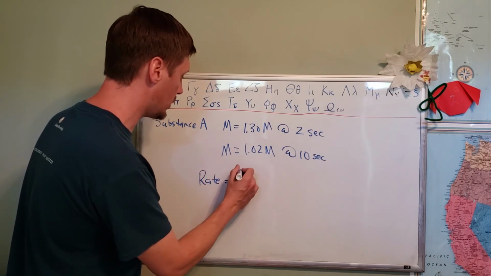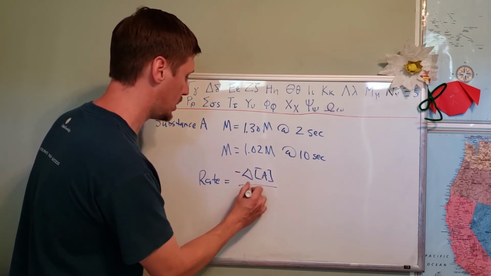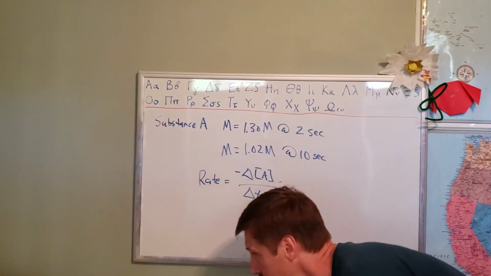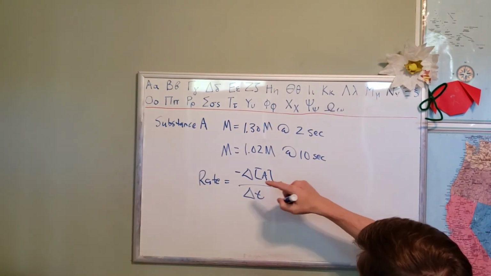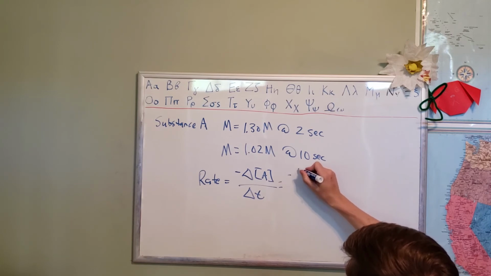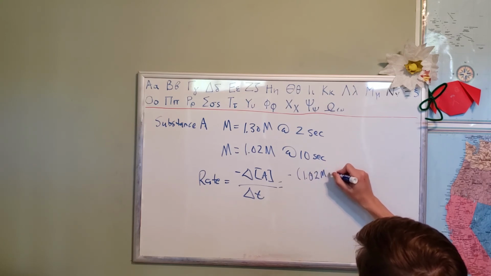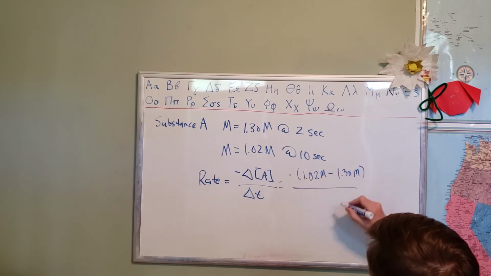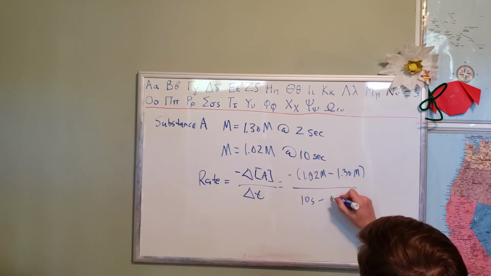We're going to use the equation negative change in the concentration of A over change in T. And so the negative change in A is going to be the final value of its concentration, 1.02 molarity, minus the original value, 1.30 molarity, all of that over 10 seconds minus 2 seconds.